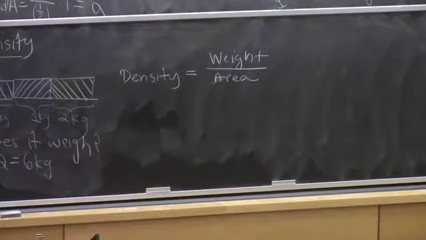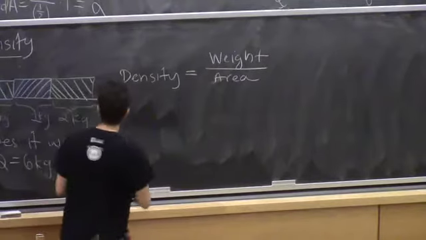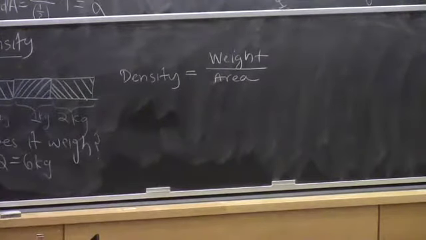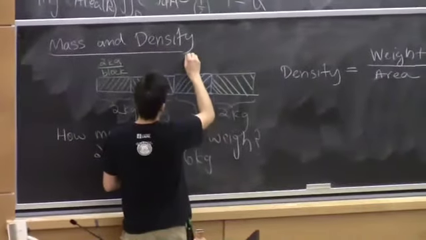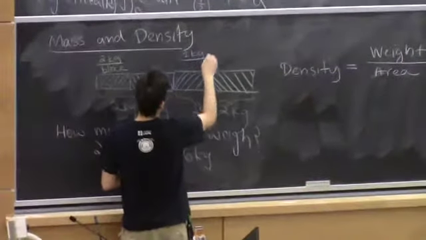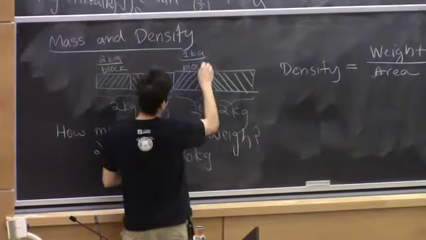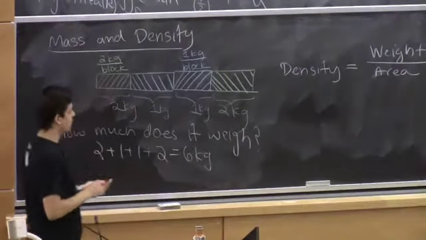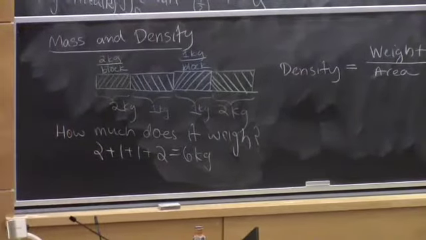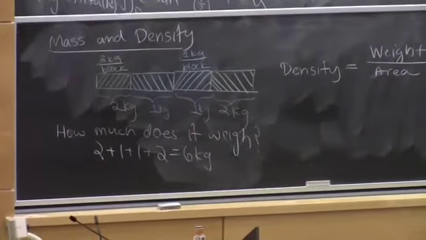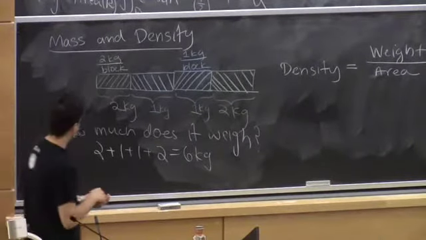So here, these guys have density 2 kilograms per block, and these guys have density 1 kilogram per block.